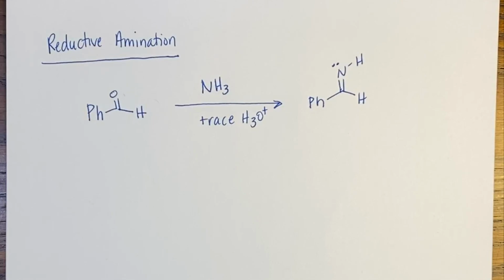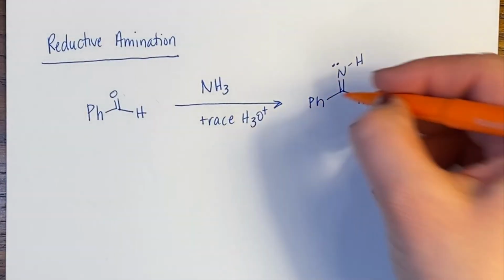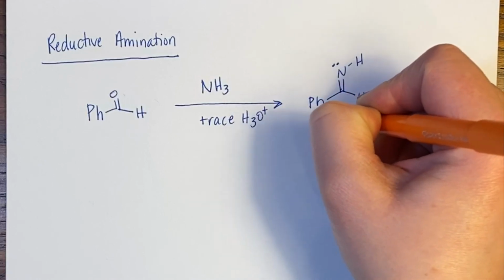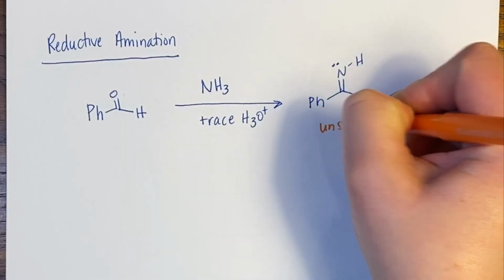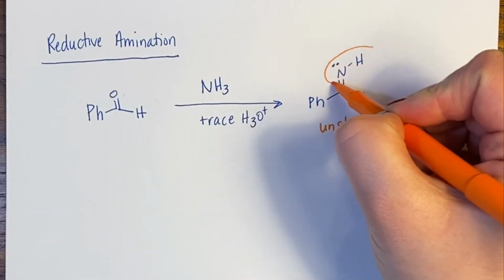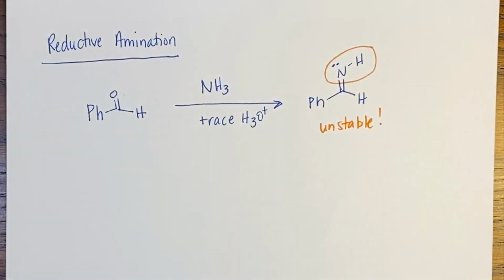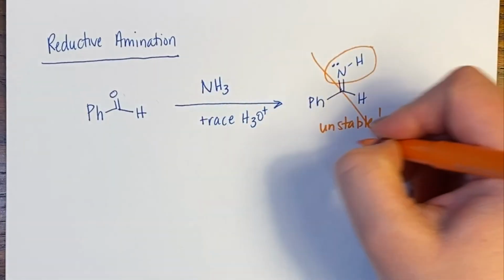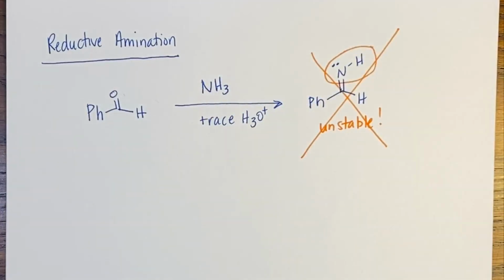But the problem is that this imine is unstable. I can't make an imine where I have that nitrogen-hydrogen bond, so I'm not able to use ammonia as my amine in this process. So I can't form that product.